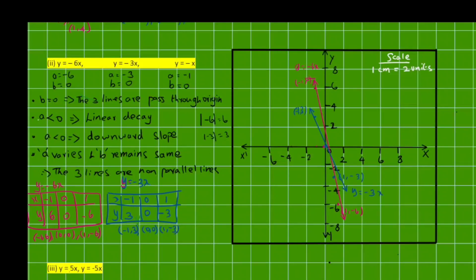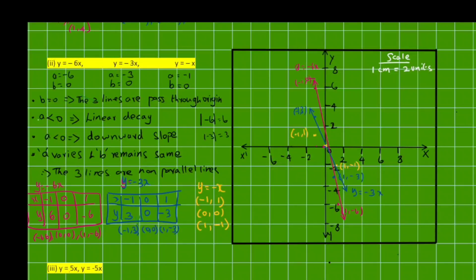Now the third one, y is equal to minus x. When x is minus 1, y is plus 1. Then 0, 0. Then when x is plus 1, y gets the value minus 1. So plotting the points, minus 1, plus 1 is this one, then 0, 0, then plus 1, minus 1 here.